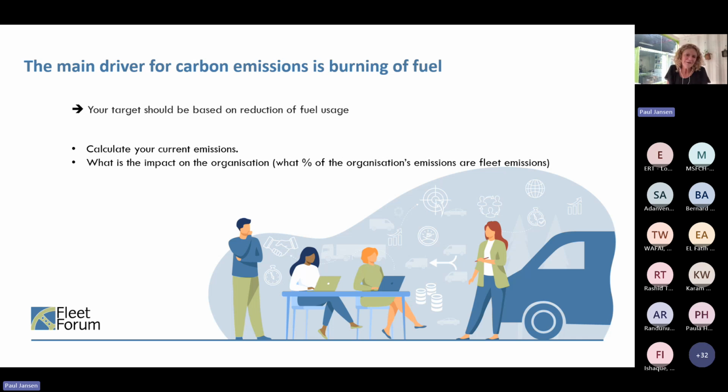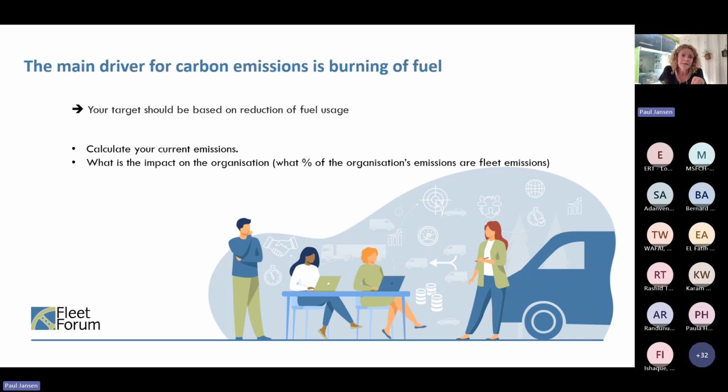It's a very simple thing, but because we are using those vehicles, motorbikes and trucks, we are burning fuel, because the majority of the humanitarian vehicle fleet are still ICE vehicles or ICE transport assets. So your target should be based on the reduction of fuel usage. We should look at which actions should lead to the reduction of that, right?